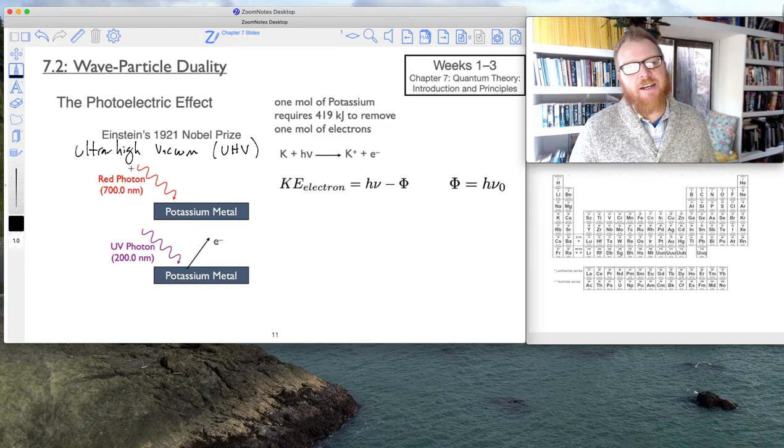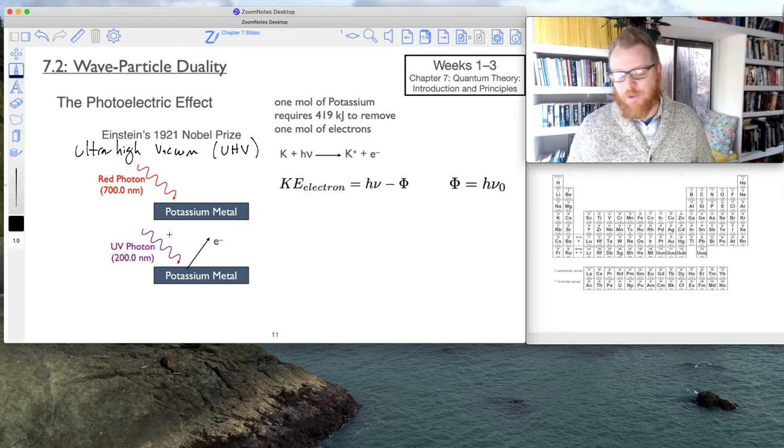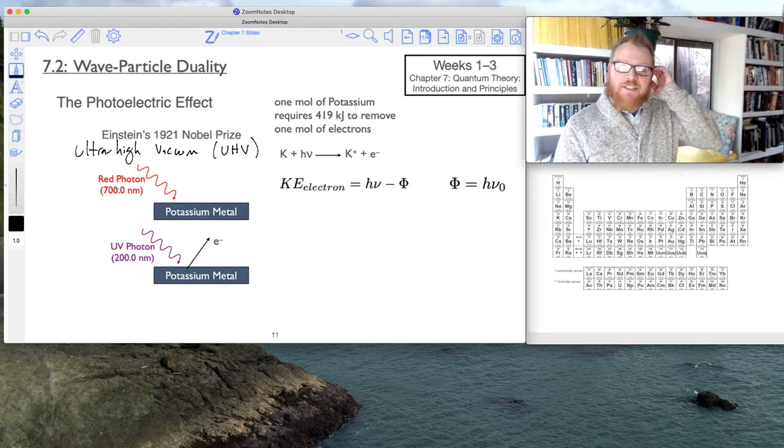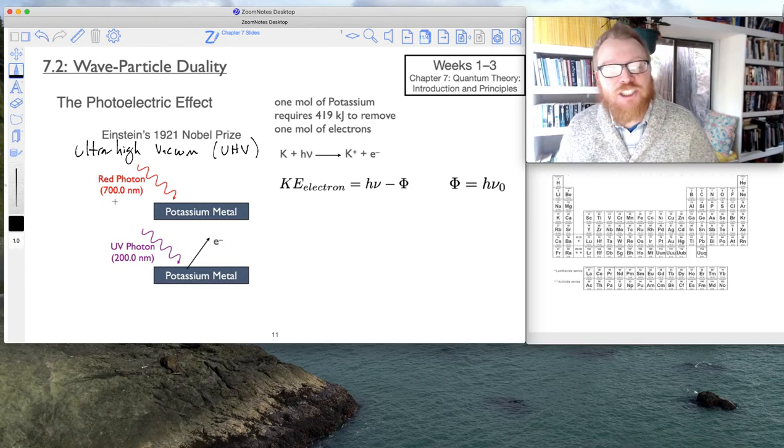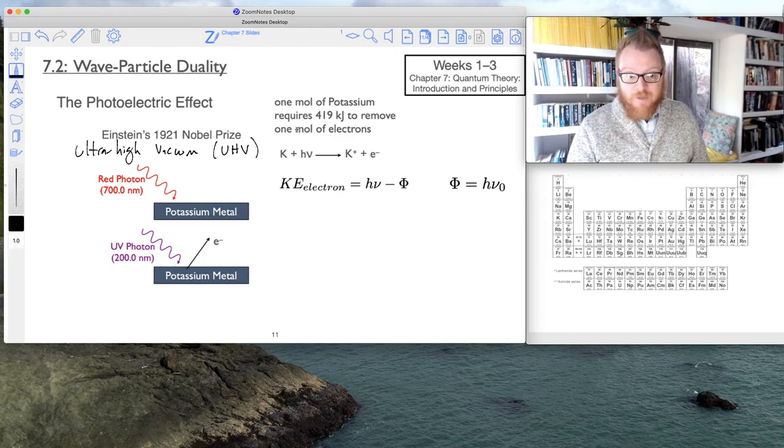So suppose we shined some red light at potassium metal, okay? Nothing would happen. And the reason for that is because this red photon, 700 nanometer, is not energetic enough to ionize potassium. That's what I've got written down right here.